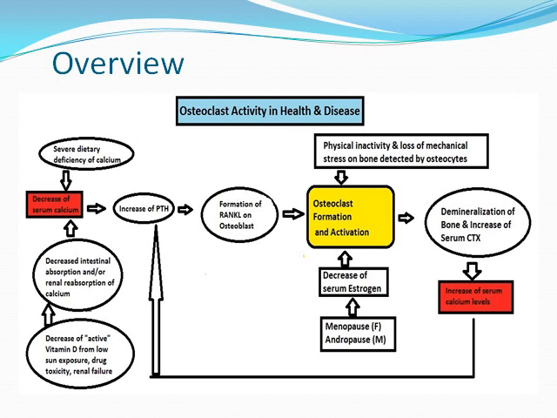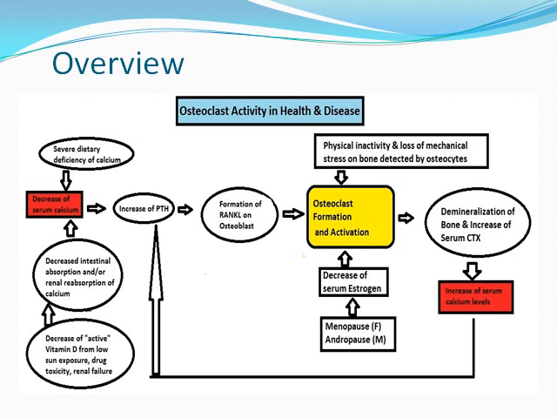But the causes of this, on the top there, it says severe dietary deficiency of calcium can certainly lead to a drop in serum calcium. And then in the circles below, there can be a decrease of active vitamin D from low sun exposure, drug toxicity, or renal failure.